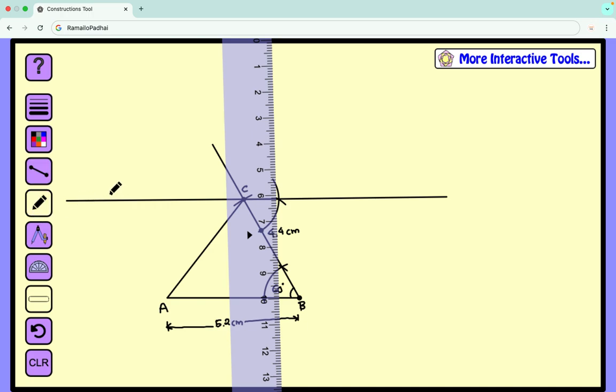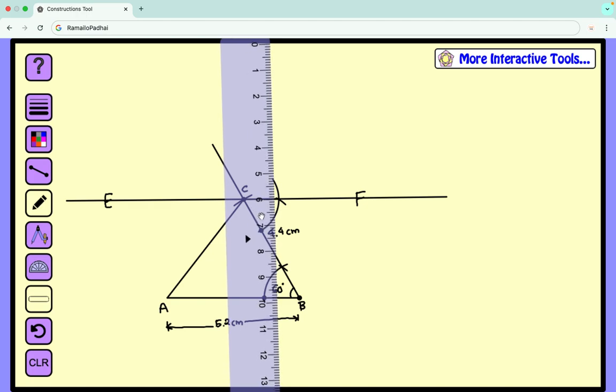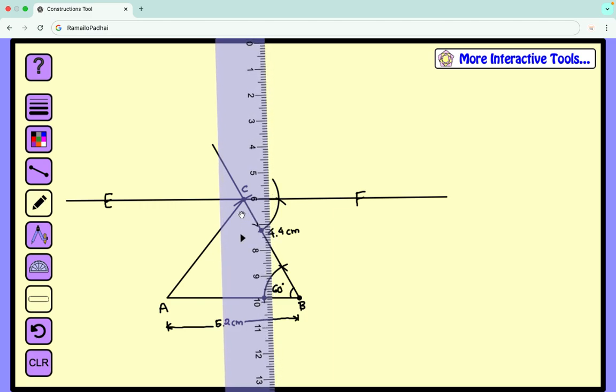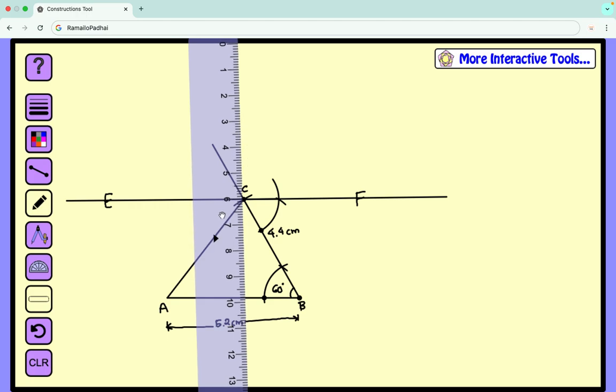This is E, this is F. Here the scale is perpendicular to line EF and AB as well. Why? Because the line of 6 is exactly on this line. So if we construct a line from here, it will be exactly 90 degree.